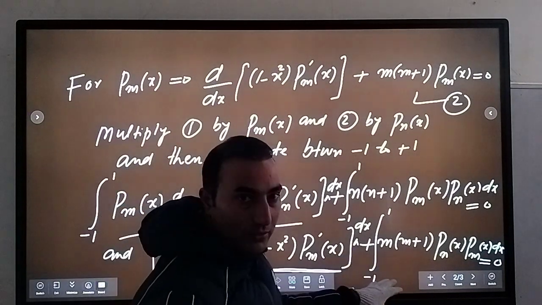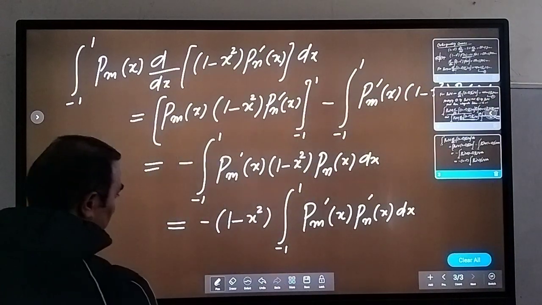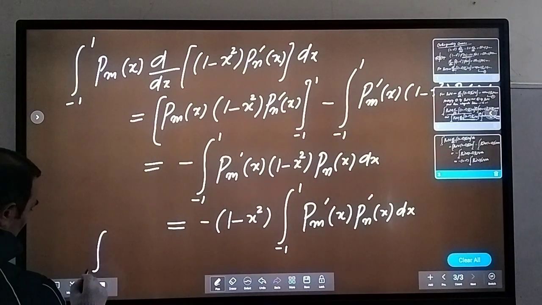So from this equation, right? And similarly, I can write that -1 to +1.